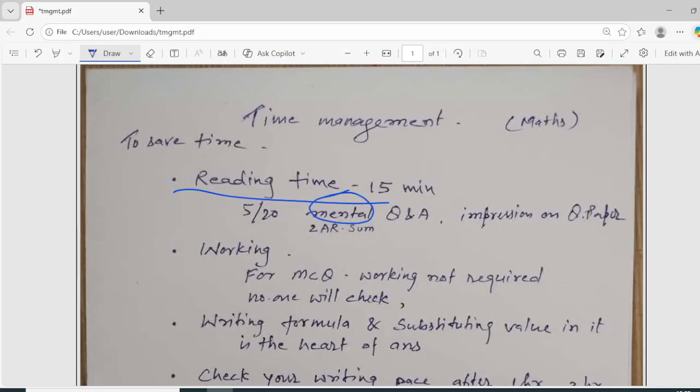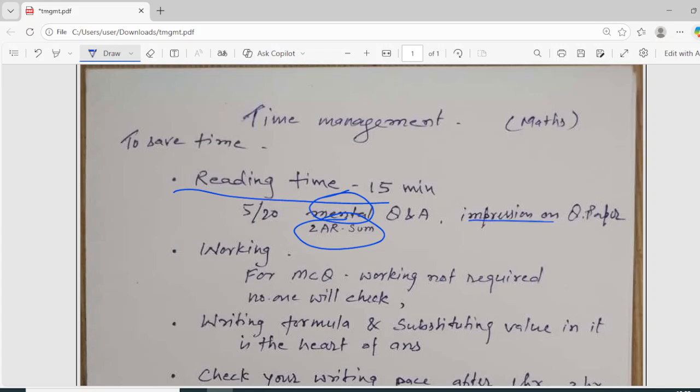What I have observed is that assertion reasoning questions generally consume time, and they don't need working. These are logical questions. So you should solve two assertion reasoning questions, and 3 MCQs out of the 18 can be solved.